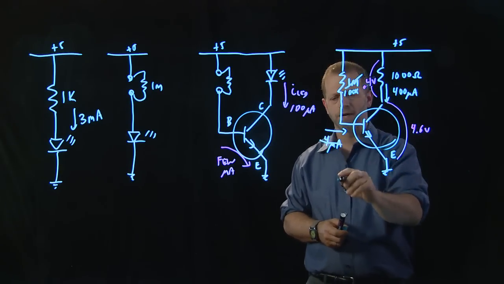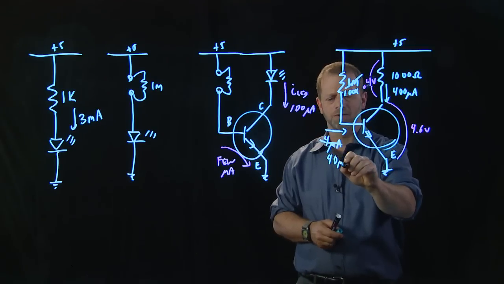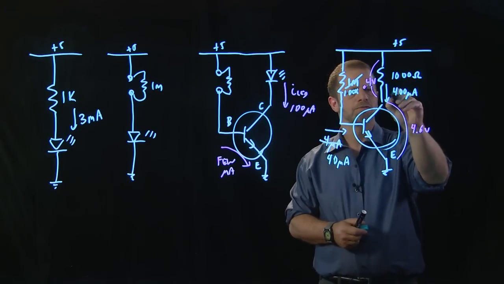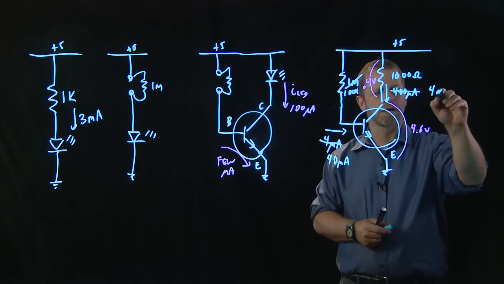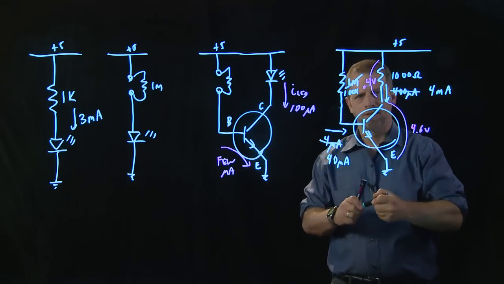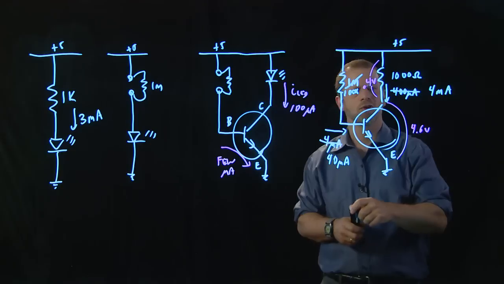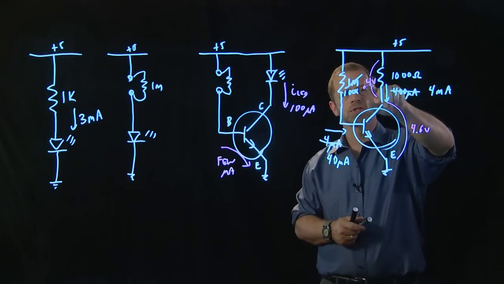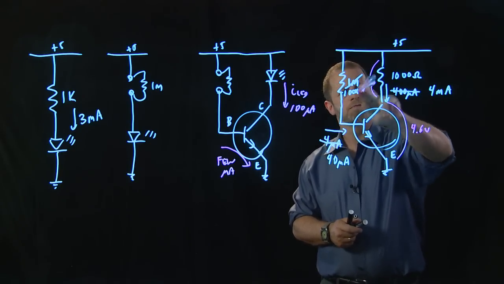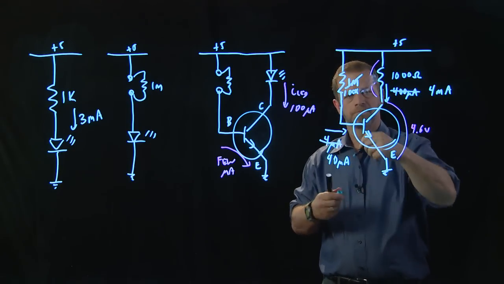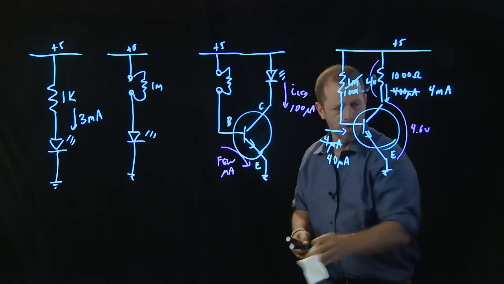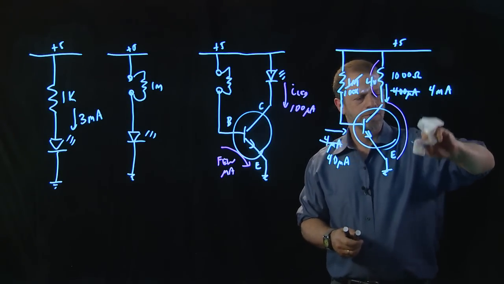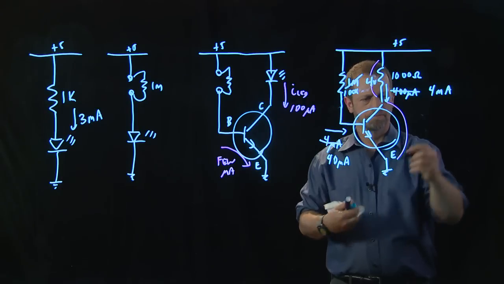Now we've got not 4 microamps, but 40 microamps of base current. We've got not 400 microamps of collector current, but 4,000 microamps, 4 milliamps. And the voltage across this 1,000 ohm resistor is not 0.4 volts, but rather 4 volts. And that leaves only 1 volt from the collector to the emitter of the transistor.